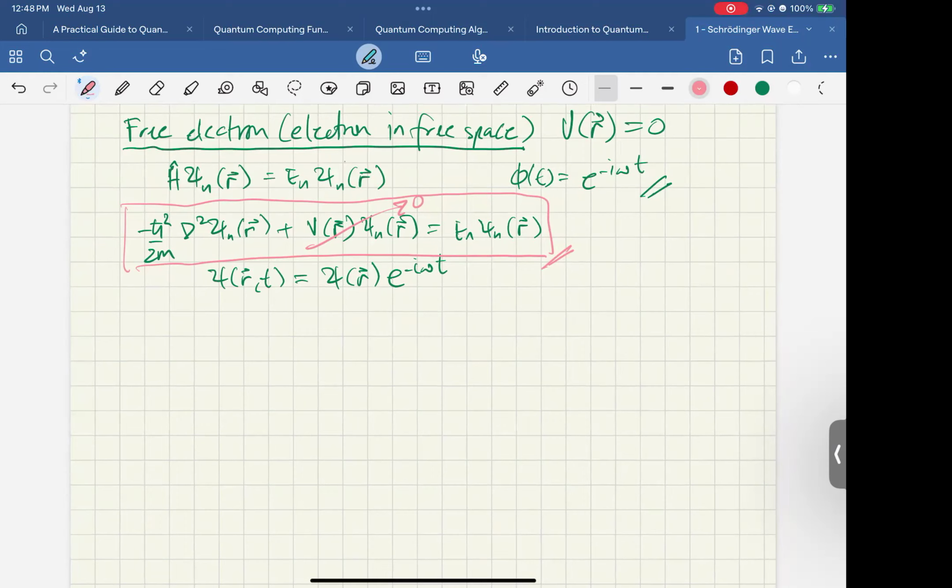So the solution here: psi of n r t is equal to, so this is the time independent solution, plus b exponential negative i k dot r exponential negative i omega sub n t.